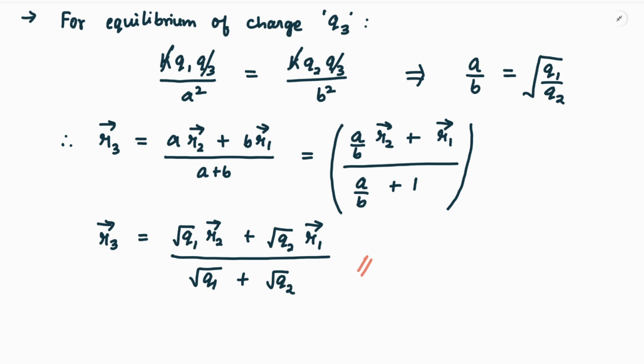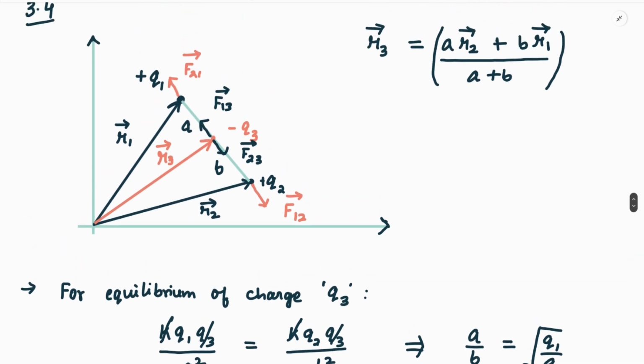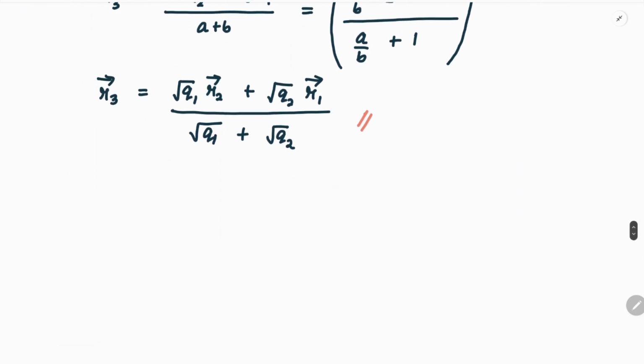And the next is to calculate the value of the charge q3. So for calculation of charge q3, now we are discussing equilibrium of the first charge. We can also discuss equilibrium of the second charge. So on the first charge, a force will act over here due to interaction between the third charge and the first charge. And similarly, there will be interaction between the second charge and the first charge, which will create a force in this direction. So these two forces, that is F21 and F31, must balance each other in magnitude for equilibrium of the first charge.